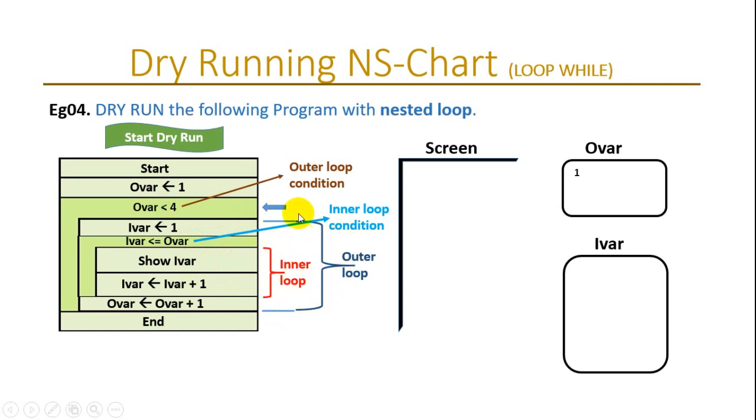The inner loop part is a child inside the outer loop. From here to here, whatever is coming here all belongs to the outer loop. To the inner loop, only these two belong. As you can see, it terminates here. Remember, right? So we start.